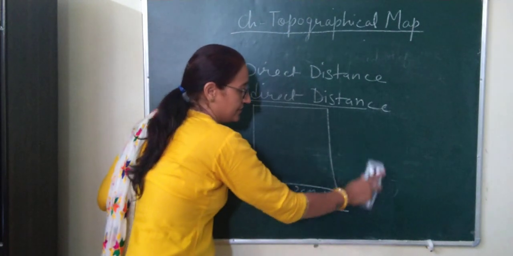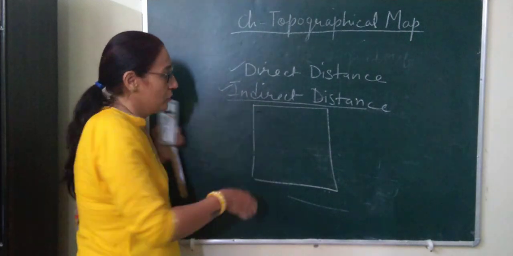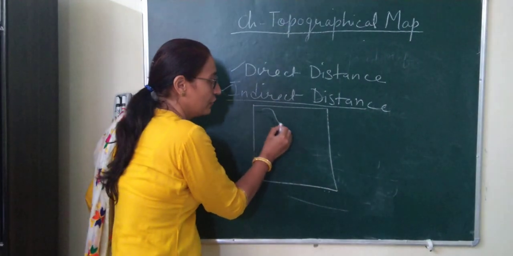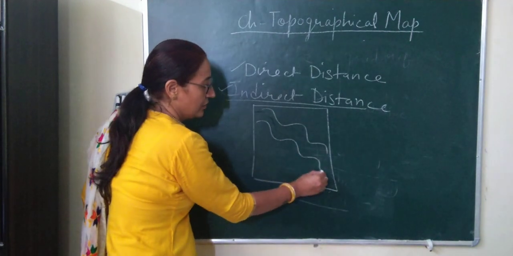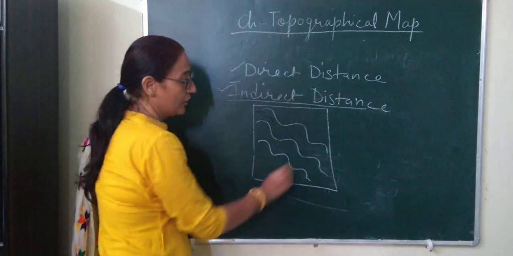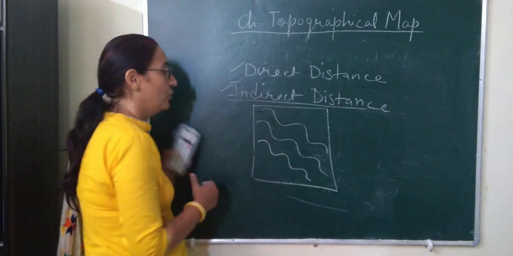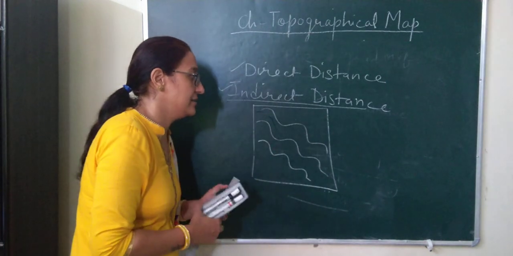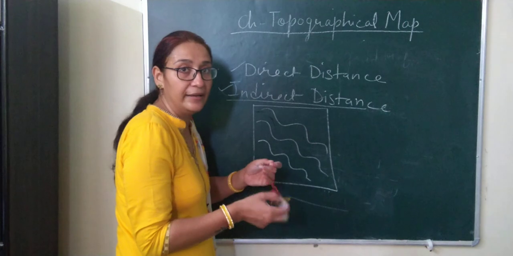Basically, indirect distance is used to find out distances where, suppose a curved river is given on the map, a curved stream is given, or a curved road is given on the map. So we can't use a scale here. These are the indirect distances that we have to find with the help of thread.